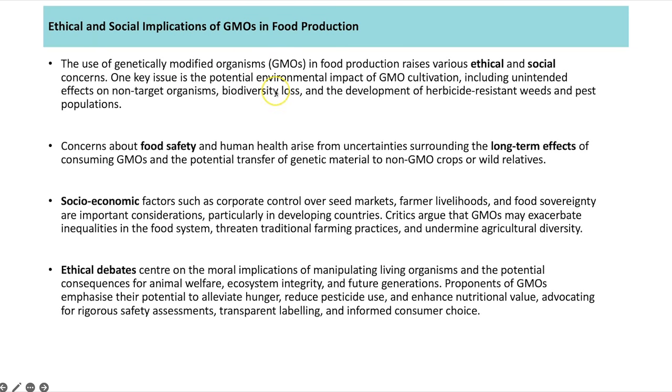It could result in maybe biodiversity loss if it causes the death of other plants. And also you might get herbicide-resistant weeds and pest populations. There's also concerns that this is a relatively new technology, so we don't know the long-term effects of humans eating GM food. And there may well be no long-term effects, but we actually don't know because we haven't tested it.